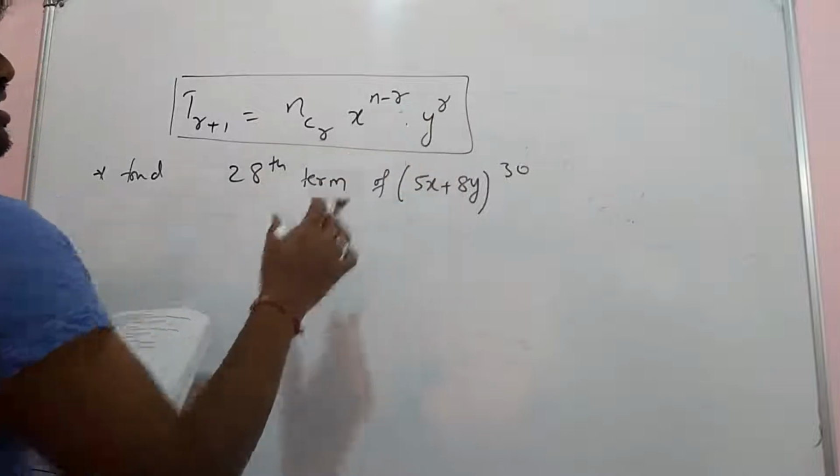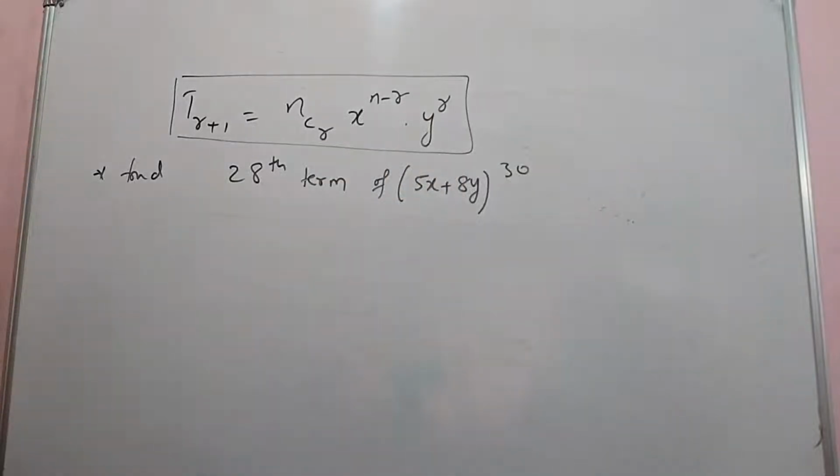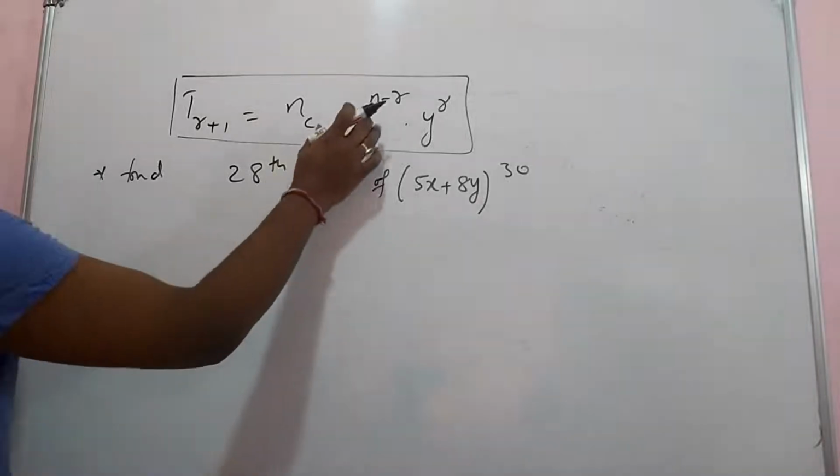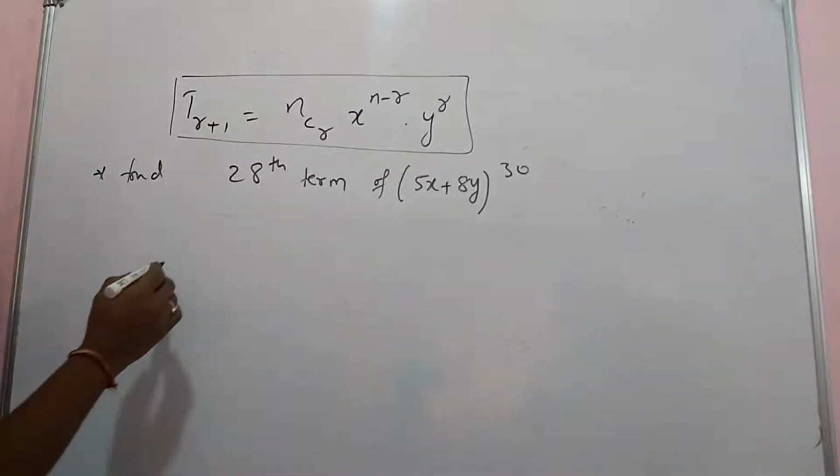To make you understand this general term, why we use it, let us pick up this problem. The general term is T(r+1) is equal to nCr x to the power of n minus r into y to the power of r.